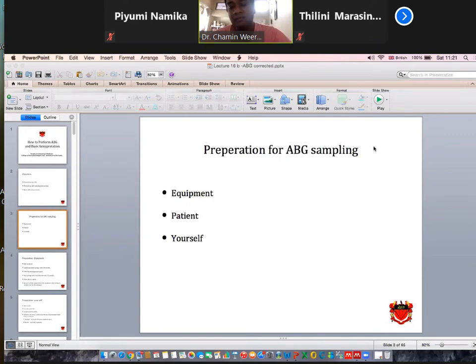What else? Air embolism. Infection risk. Those are rare ones. You can get dissection of the artery as well, but it's rare. So basically bleeding, hematoma formation, thrombosis, spasm, then rare ones are air embolism, damage to surrounding structures, and maybe dissection.